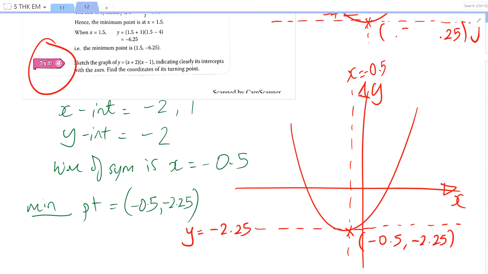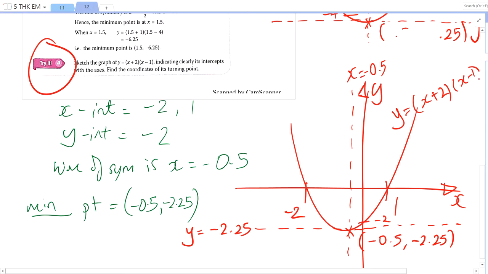The x-intercepts are negative 2 and 1. This shall be negative 2, this shall be 1. My y-intercept is going to be negative 2. Fill in the equation. y equals to x plus 2, x minus 1.